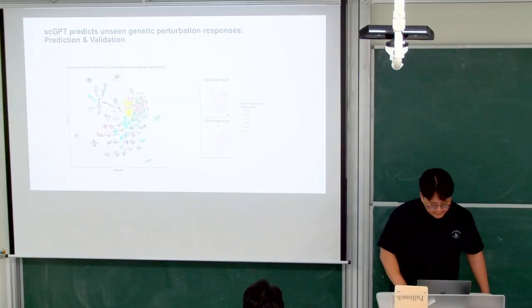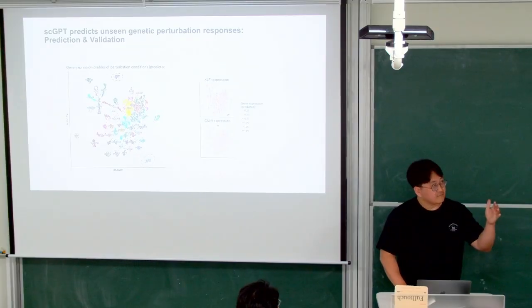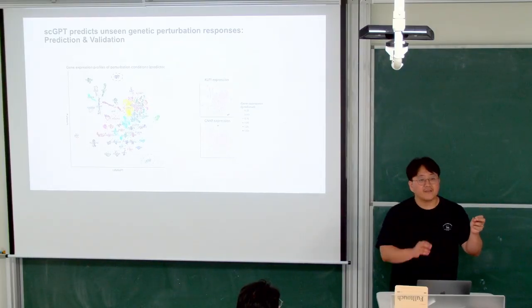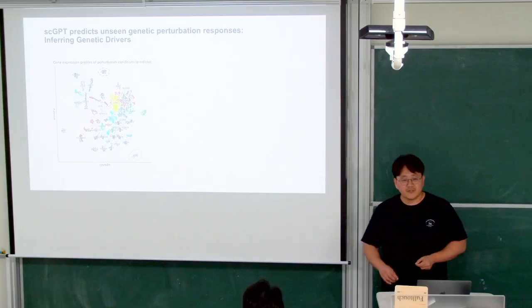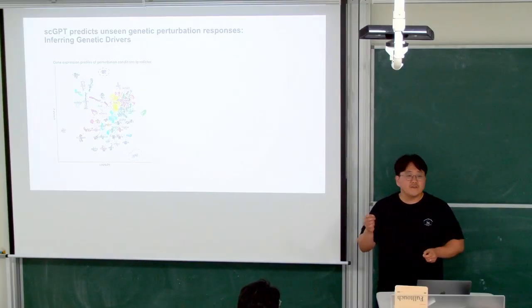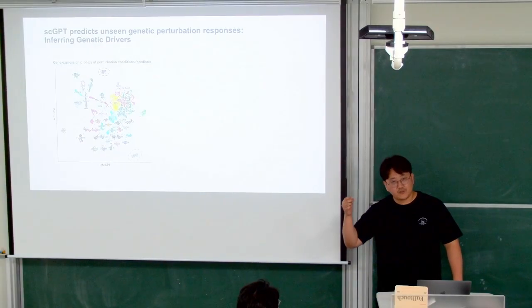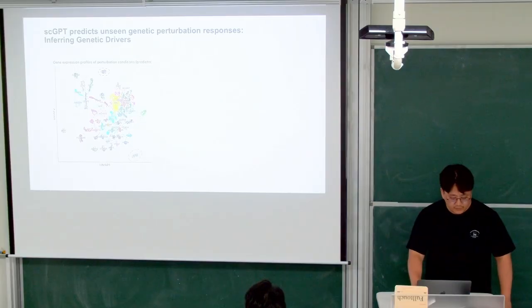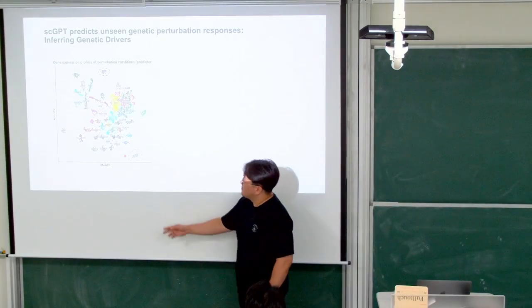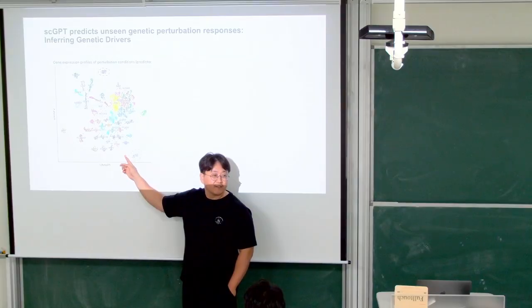So, yeah, now we know the perturbed gene name and their expression, right? And we are going to use this relationship to infer the perturbed gene from the gene expression of the cell vector. So let's put an additional cell vector here.